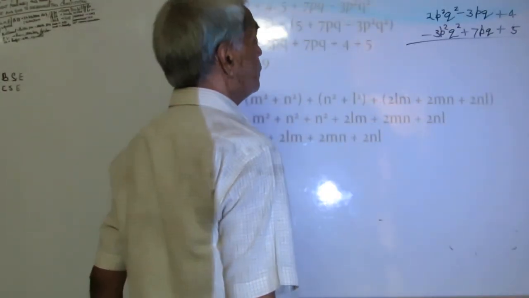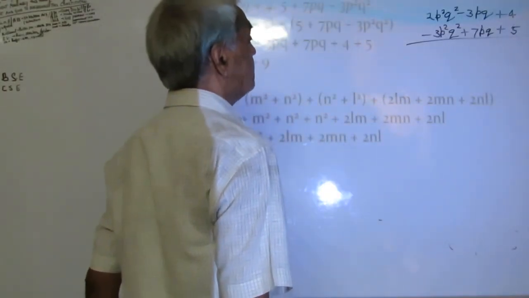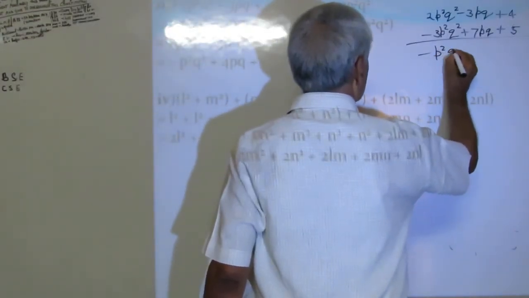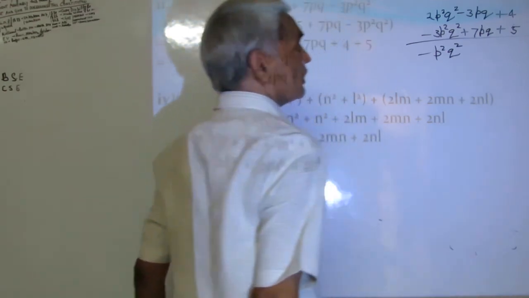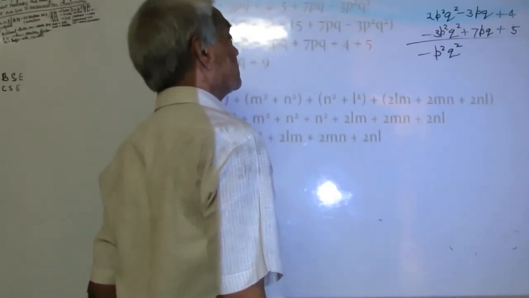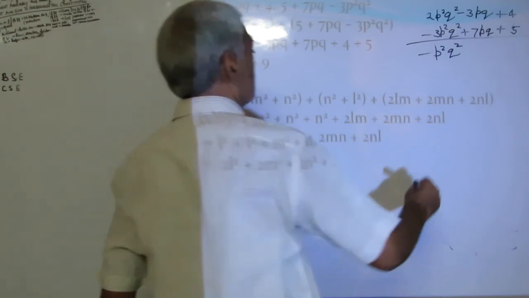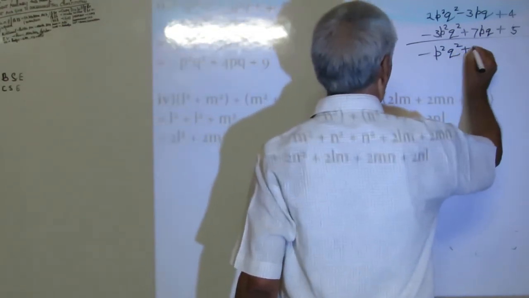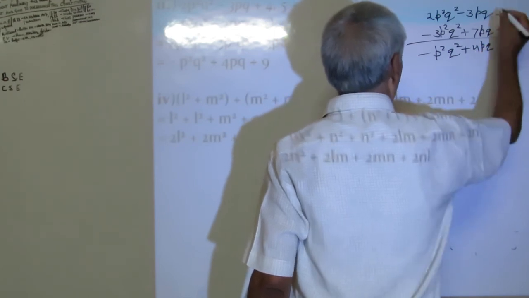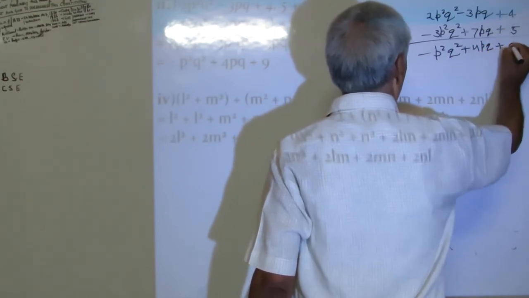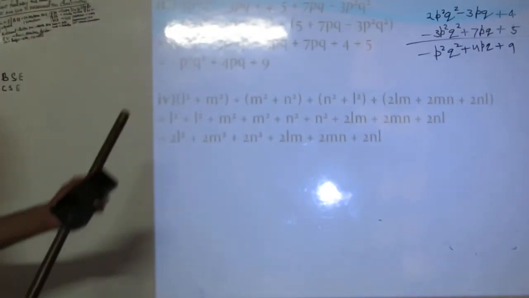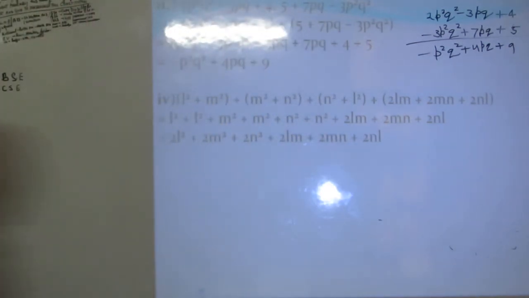So 2p square q square minus 3p square q square, you will get minus p square q square. Now plus 7pq with minus 3pq will become 4pq, and plus 4 plus 5 is equal to plus 9. So this is the addition of like terms.